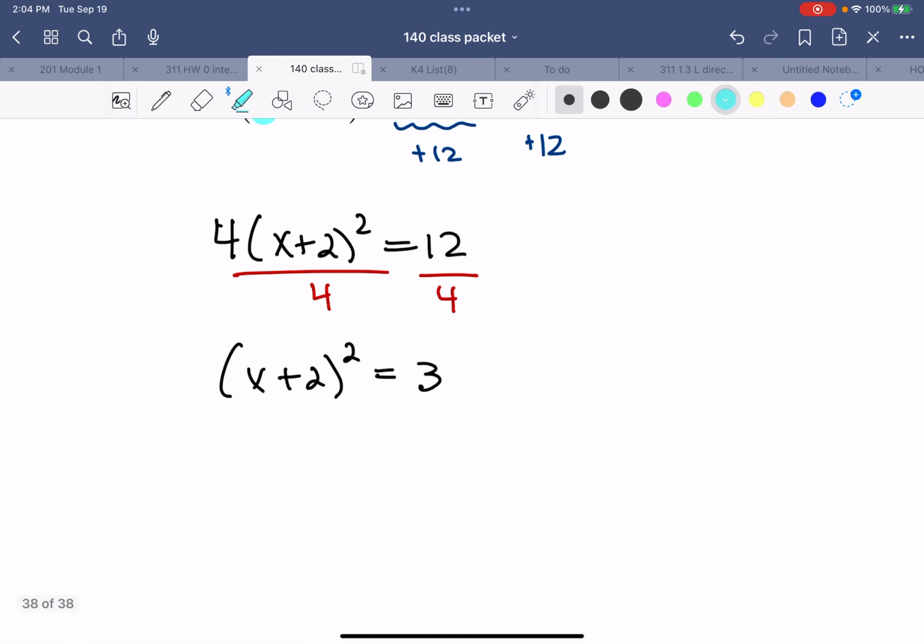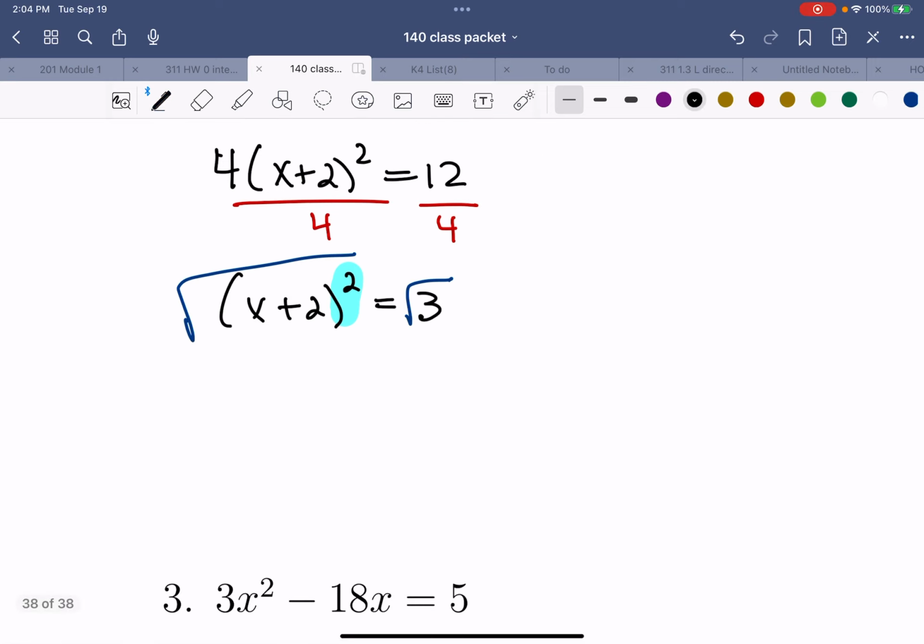Okay, now the next thing I want to get rid of is this square on the outside. So to do that, let's take the square root of both sides. So the square root of this one and the square root of this one. But I've got to remember when I write it down that I don't want to forget my plus minus. So the square and the square root cancel, and I just get the x plus 2. And then I get plus or minus the square root of 3. Okay.